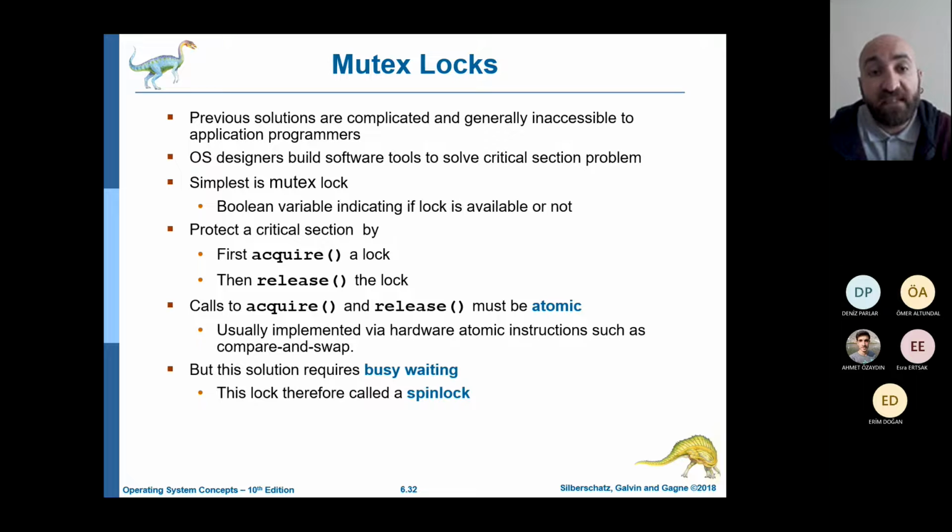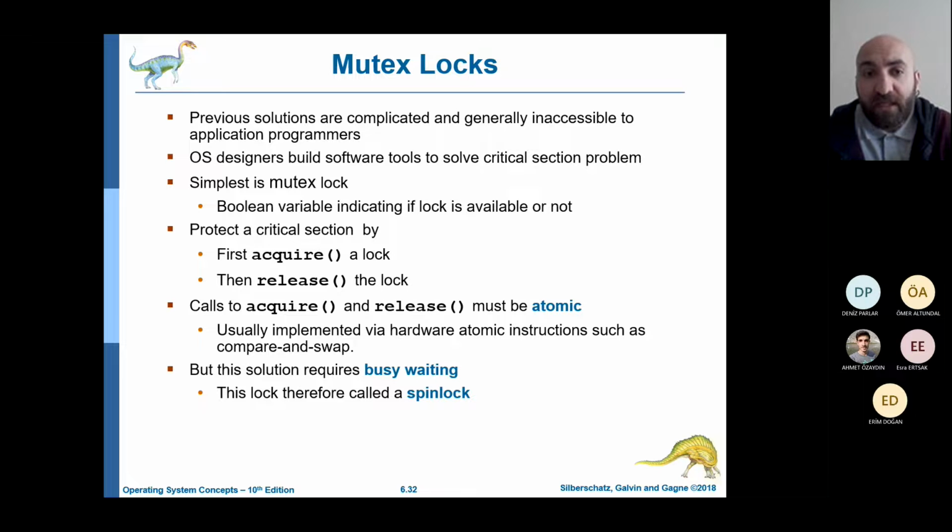The simplest of these tools is the mutex lock. In fact, the term mutex is short for mutual exclusion. So instead of mutual exclusion, we can use the word mutex. So the simplest tool that can be provided by operating system designers to solve the critical section problem is mutex locks.